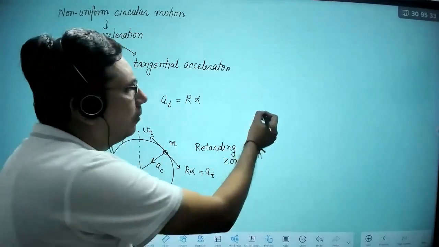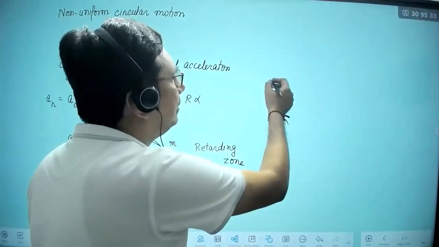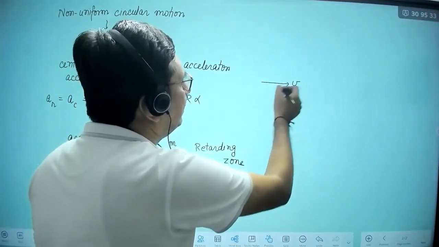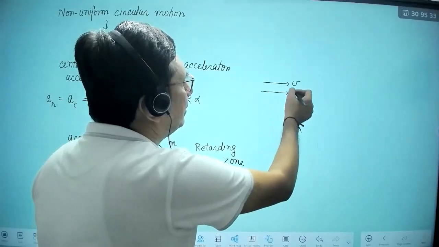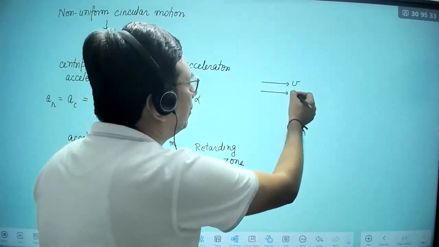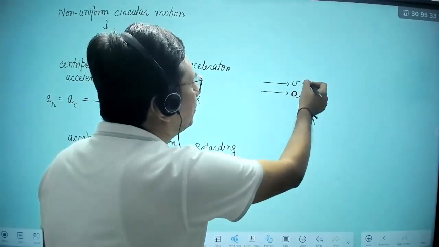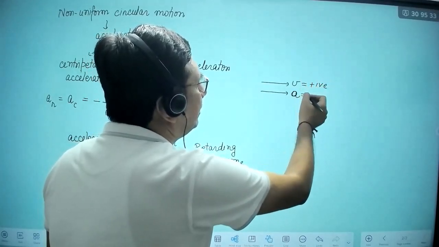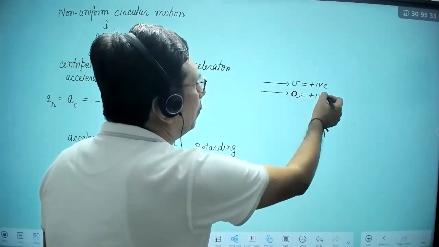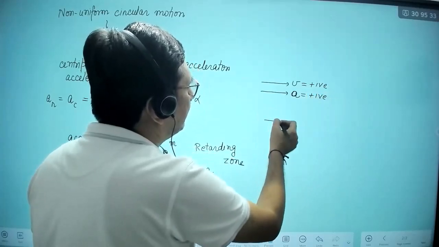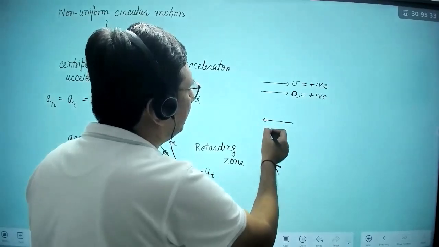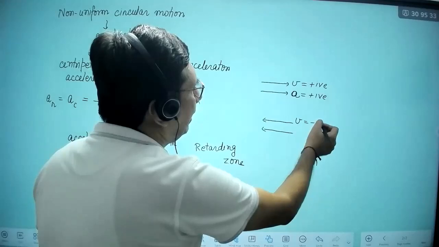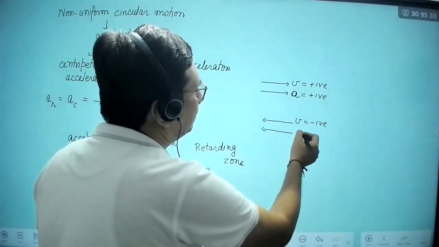You are going to have acceleration only in two situations, if V and A, sorry, not T. If V is positive, in the same direction, this A is positive. Or both are negative, meaning V is negative as well as A is negative.